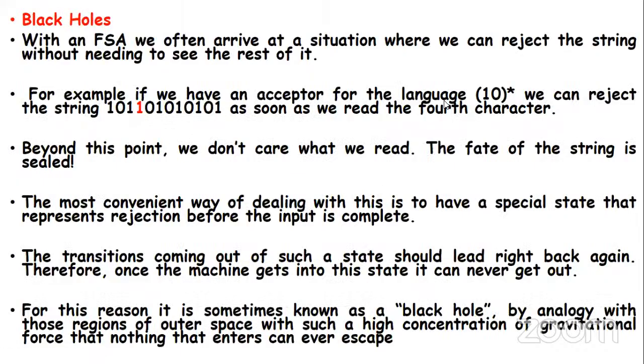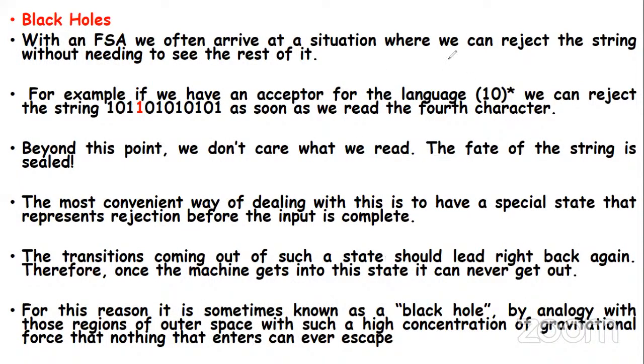So there's a concept called the black hole, right? Oftentimes when you draw some finite state automata, you will come across some that do not have any inputs that can make it go anywhere. For instance, let me draw something here.